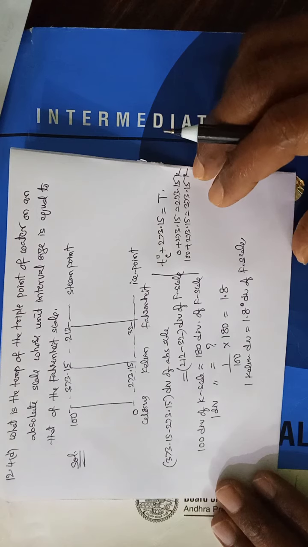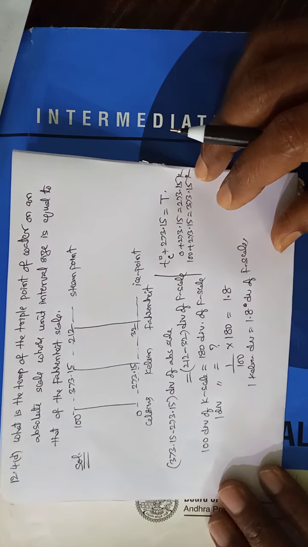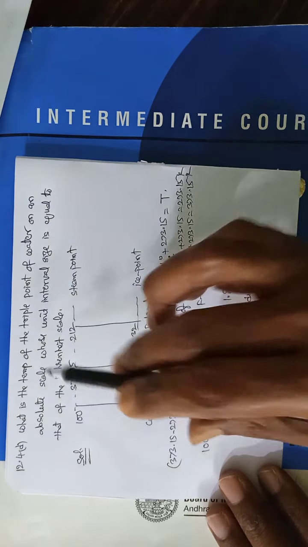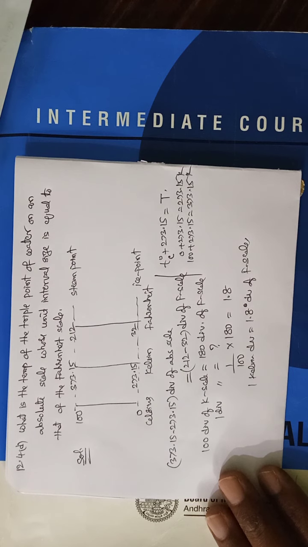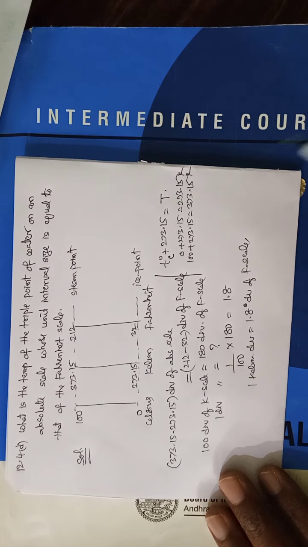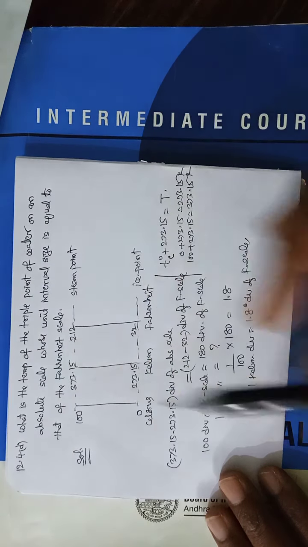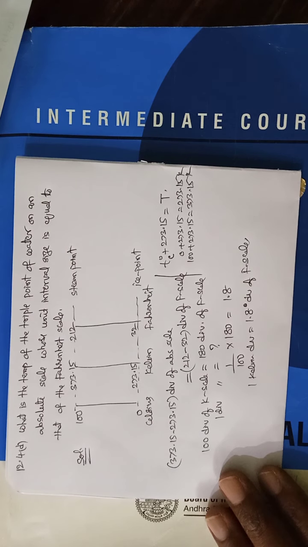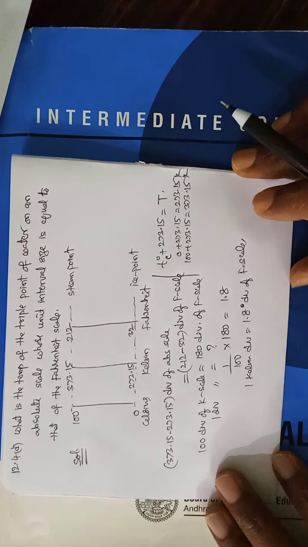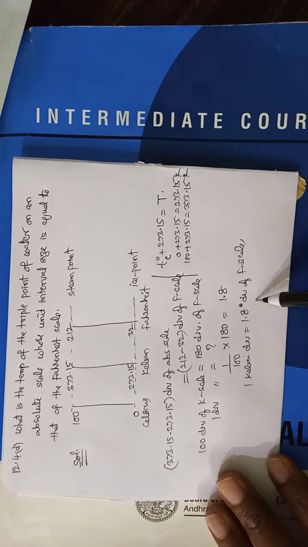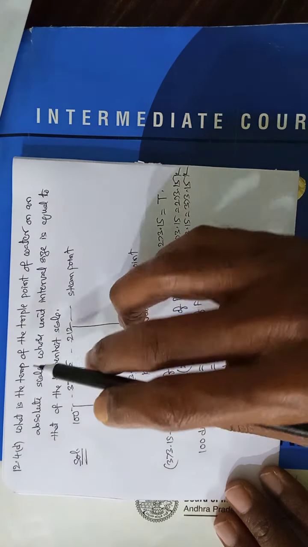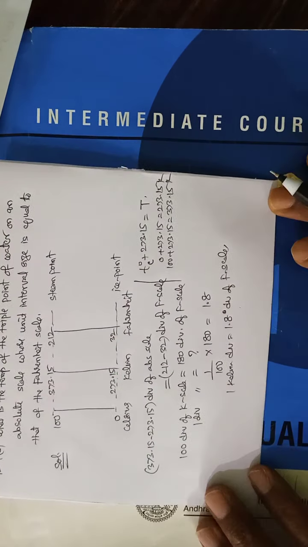So here what is given? You are choosing an absolute scale whose unit size is equal to that of Fahrenheit scale. So with this you have to find the temperature of triple point.